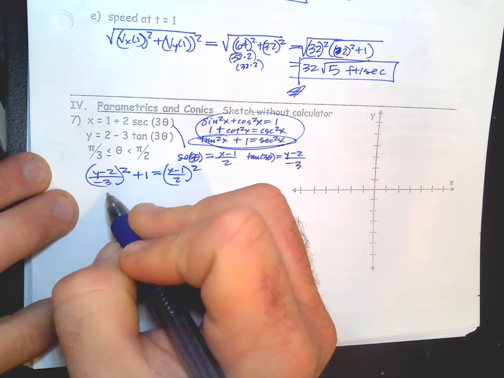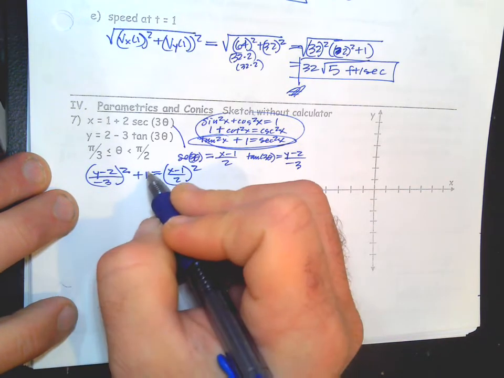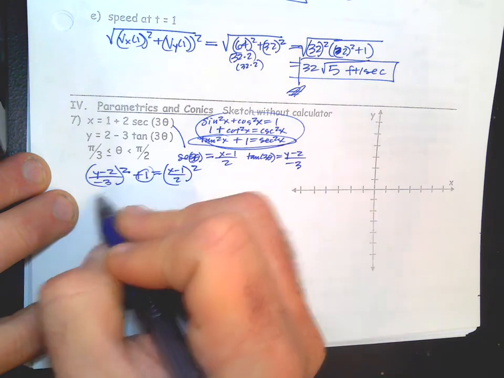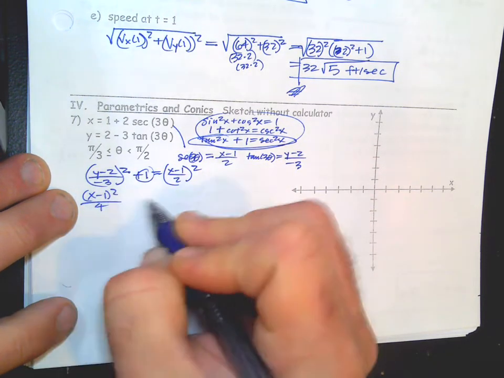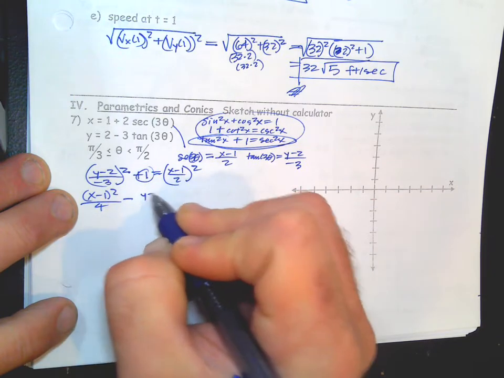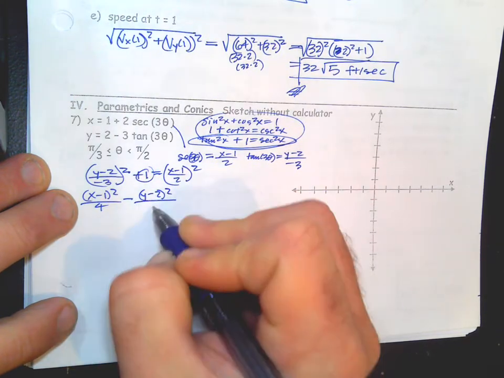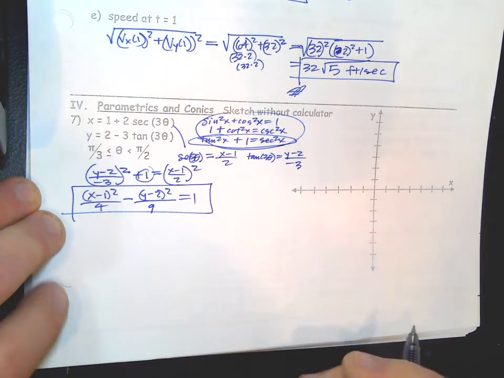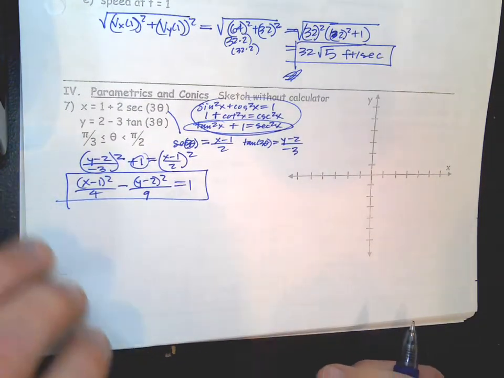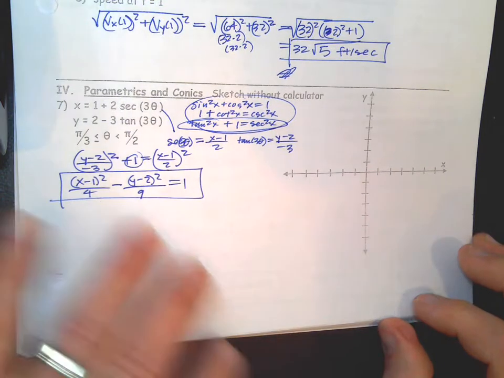So this looks like we're going to want a positive 1 over here. So I'm going to subtract this over to the other side. So it's going to be x minus 1 squared over 4 minus y minus 2 squared over 9 equals 1. So that's my Cartesian equation, which I need to see in your work, and which will also help you graph it better.